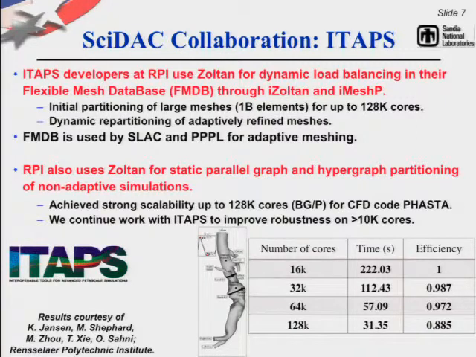And here is another example of an application that uses Zoltan. It says it's the CFD code PHASTA. I think this is a simulation of blood flow through an arm or an artery.